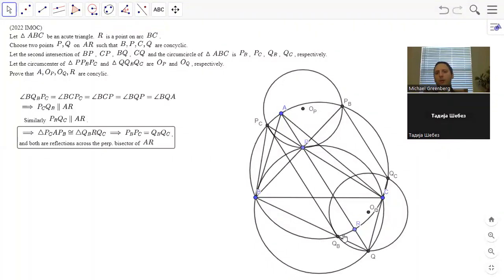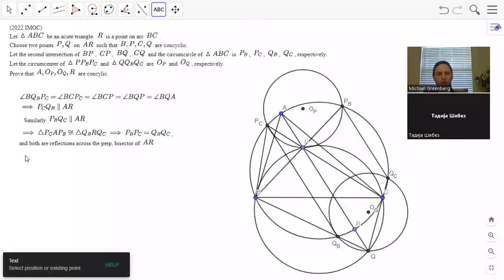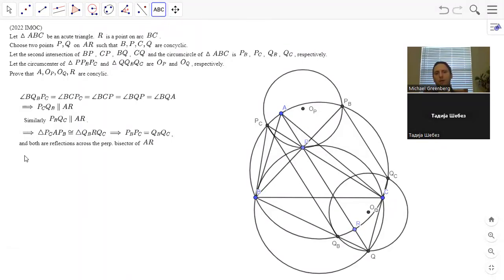If I show they have the same size, then that shows that they are reflections, which is basically, I think that is not necessarily true, that if they're the same size, then they're reflections. Okay, maybe not. You have two circles which have the same size for each segment, PC, PB.